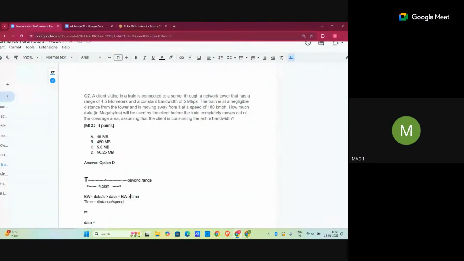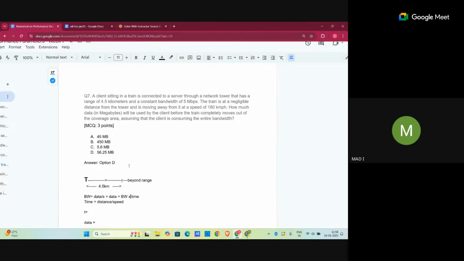So first, the client is sitting in a train and it is at a negligible distance from the tower. Okay, assume this T as the tower. Now the client is moving away from this tower. The network tower range is given as 4.5 kilometers. Now the client will consume the data only in this network range.